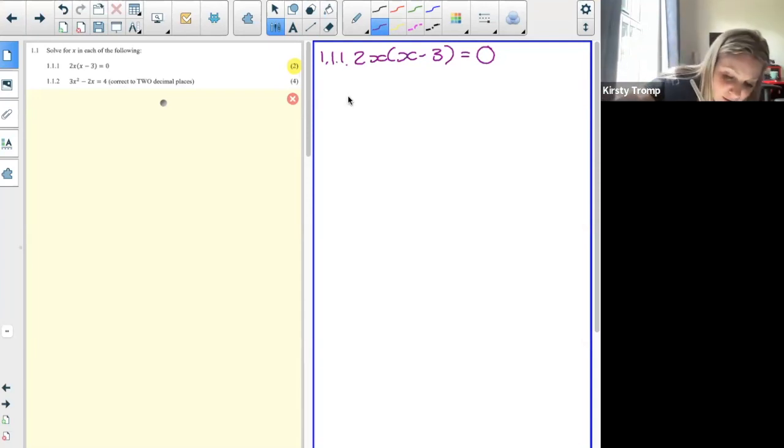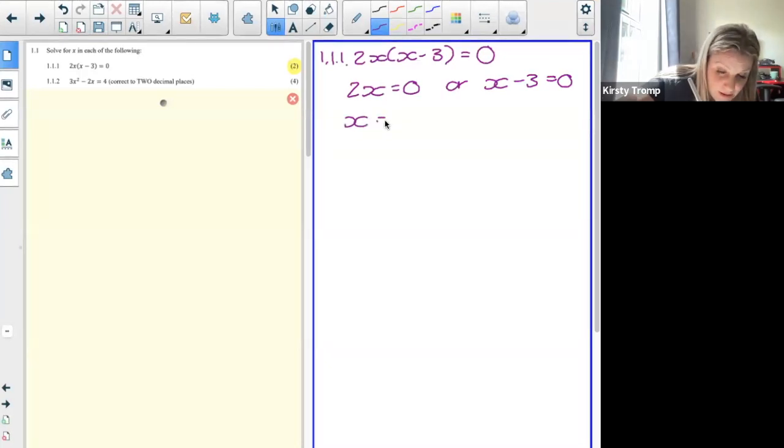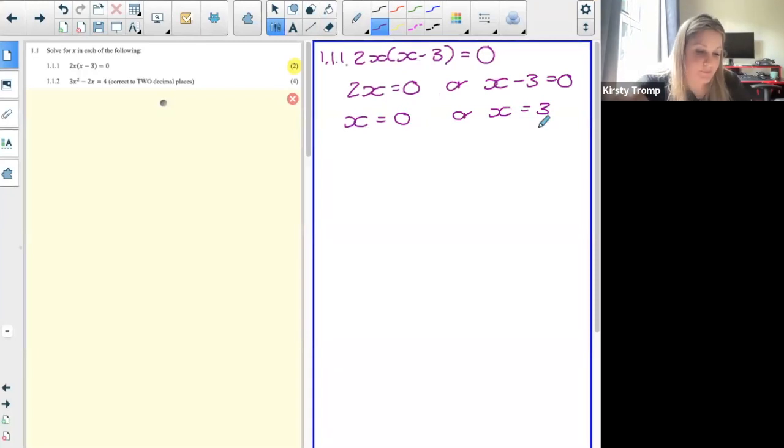I'm going to say 2x equals 0, or x minus 3 equals 0. So therefore, x will be equal to 0, or x will be equal to 3. Nice, easy one out the gates.